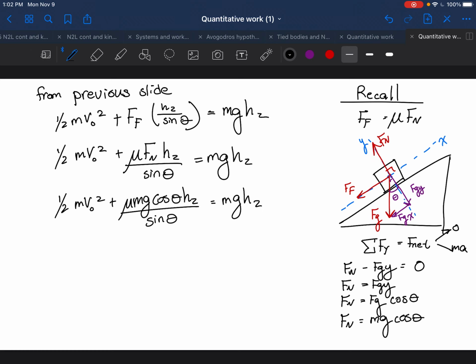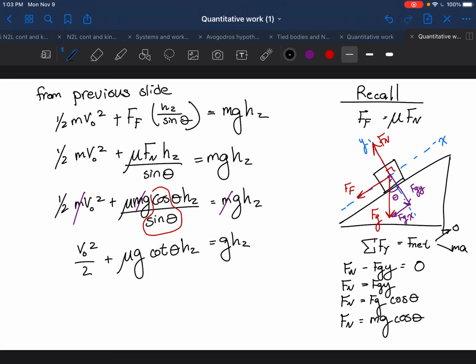All right, so now this equation is getting a little annoying in terms of algebra, but some quick things that I do notice. m in every term, so I can cancel that out. And likewise, I have a cosine over a sine. So that's going to become a cotangent. So I have a 1/2 v squared, or v0 squared over 2, plus mu g cotangent of theta h2 equals g h2.